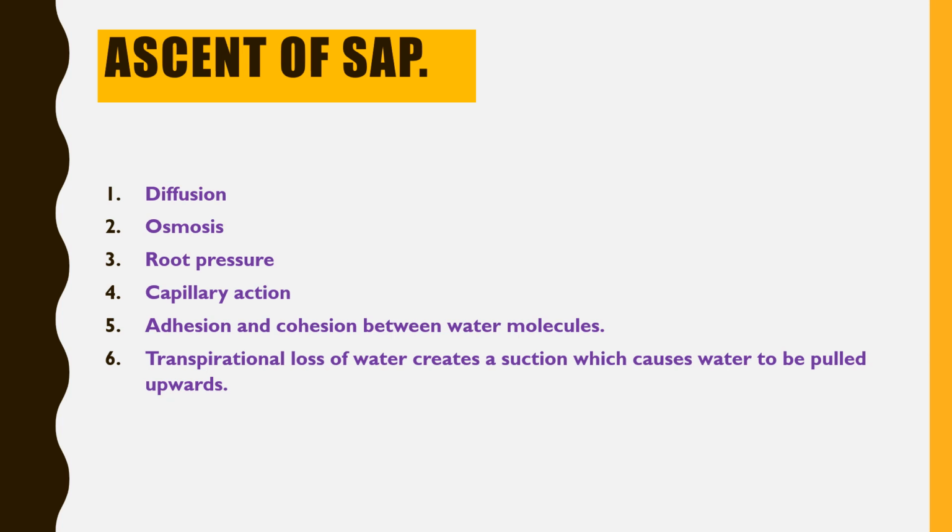The next factor is root pressure. The roots are exerted upon by pressure from an external source with an excessive amount of water, and it causes the upward movement of water. Capillary action is the term given to movement of water through narrow tubes.